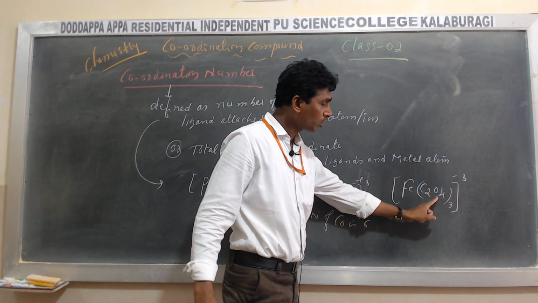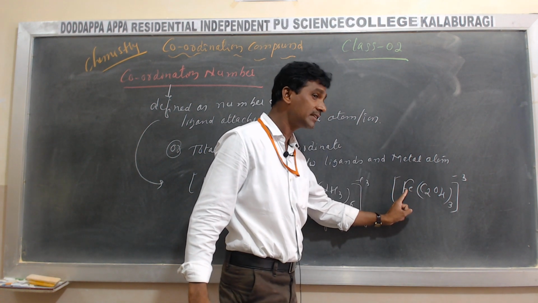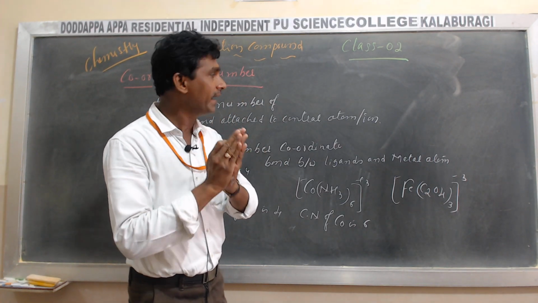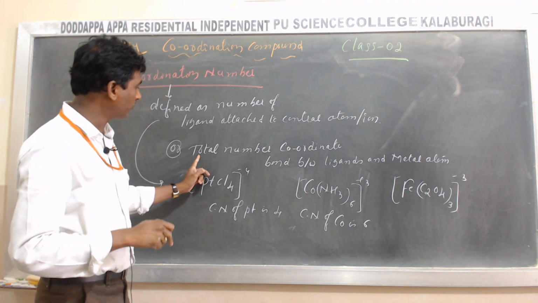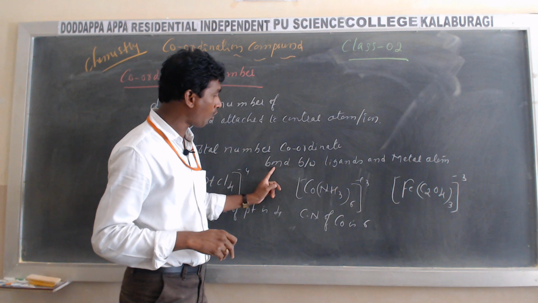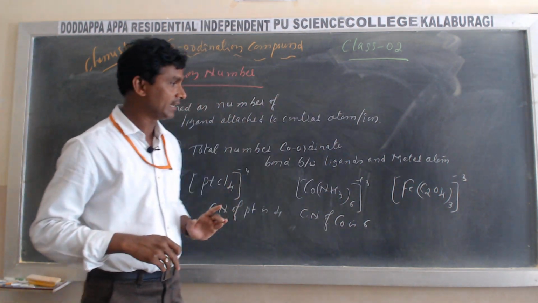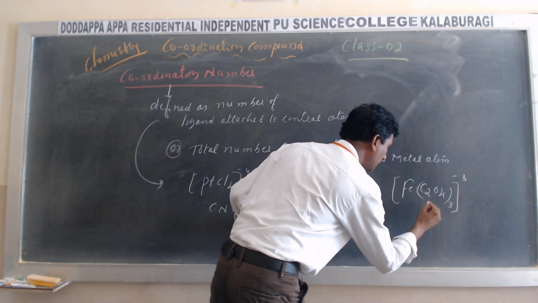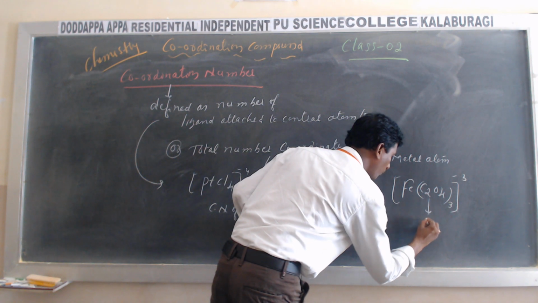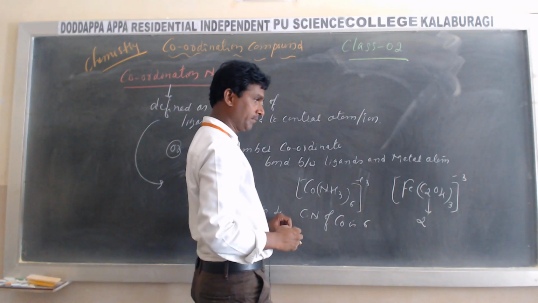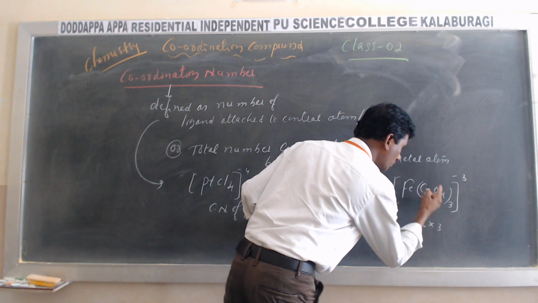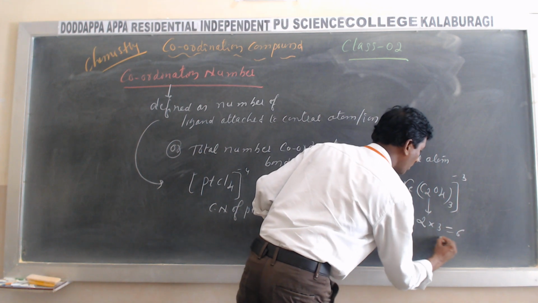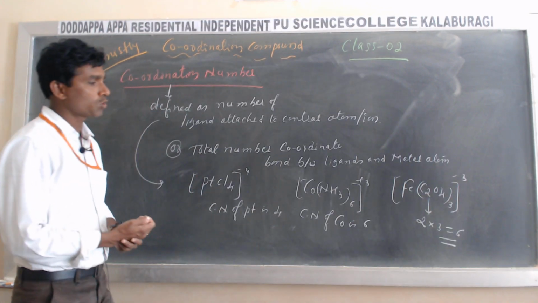Here the total oxalate ligands attached to iron is 3, but the coordination number is not 3, because in case of bidentate ligands we apply the definition: the total number of coordinate bonds between ligand and metal. C2O4 is a bidentate ligand. It contains 2 donor atoms, and the total ligands attached is 3. So 2 into 3 is 6. 6 is the coordination number.